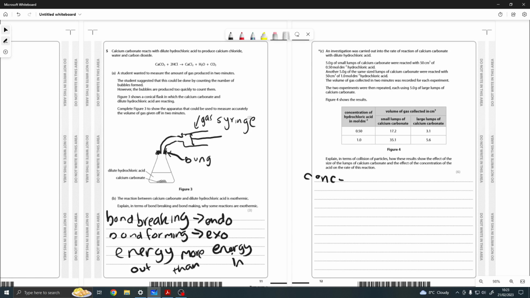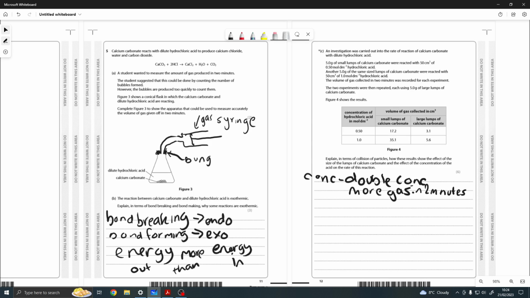Let's say, what does it tell us? As you double the concentration, in either result, you get more gas. And what that means is, let's remember it's rate, more gas in 2 minutes.